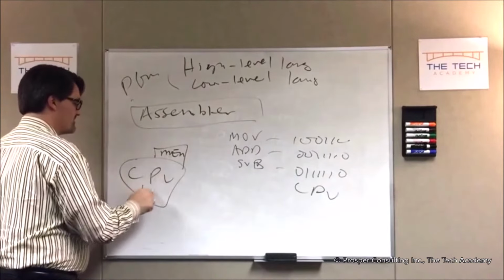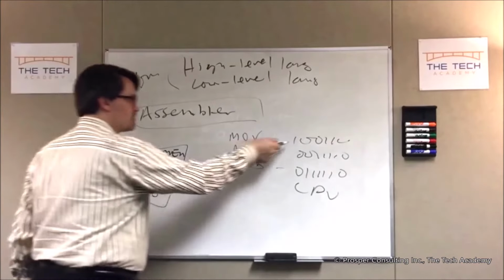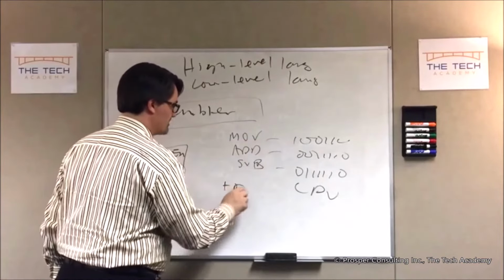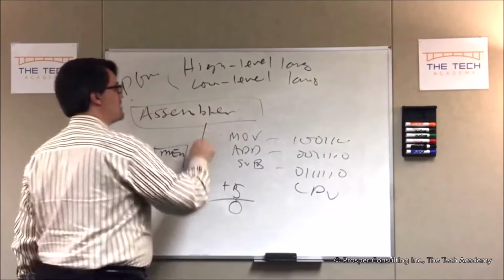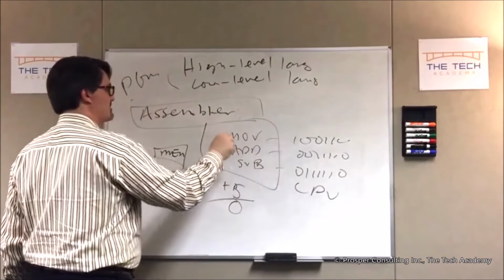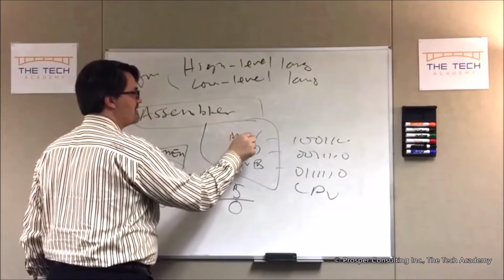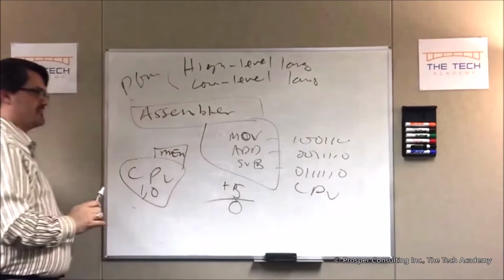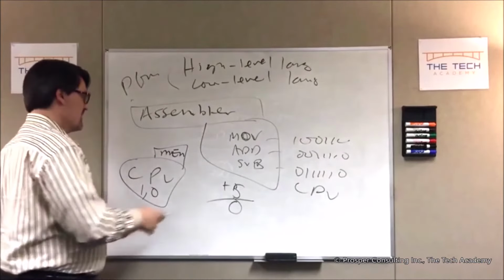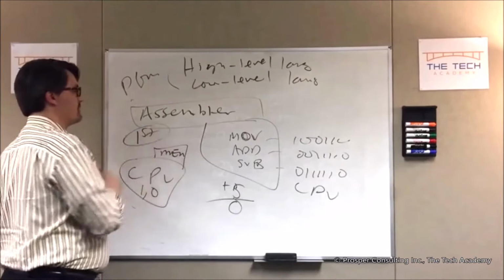It operates off of 1s and 0s, and that's all. It had to literally be translated to the plus 5 volts or 0 in every instance for it to work. But you could have software that let the computer programmer write in almost English and convert it down into 1s and 0s. That was the first generation language.